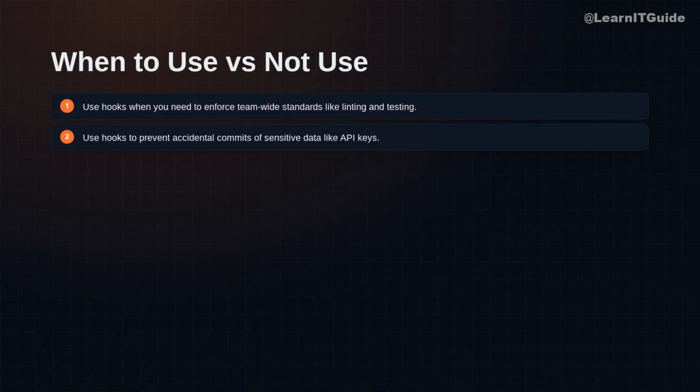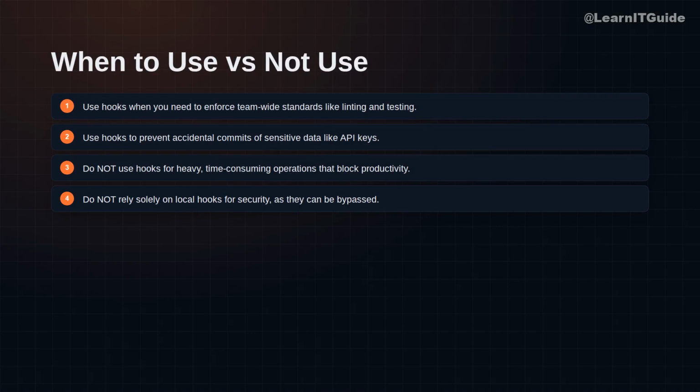When should you actually use hooks? First, use them to enforce team-wide standards. If every developer runs the same linting and testing suite before a commit, your code review process becomes cleaner. Second, use them to block sensitive credentials like AWS keys from being committed.